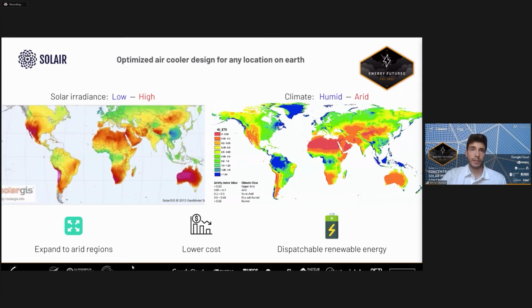You can clearly see that there's a lot of overlap between regions with large amounts of solar energy and regions with small amounts of water. So what an optimization of an air cooler design allows us to do is expand CSP to these arid regions where there's not enough water. We can also lower the cost of those plants, and it gives more people on the planet access to dispatchable renewable energy.